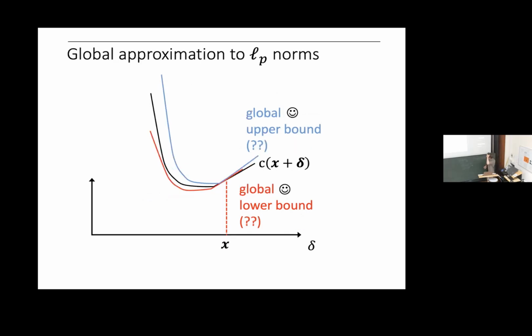Okay, so in order to do much better for LP norms, we're going to find global upper and lower bounds to our functions and use these to take our steps. We still want to choose a delta that minimizes the upper bound.